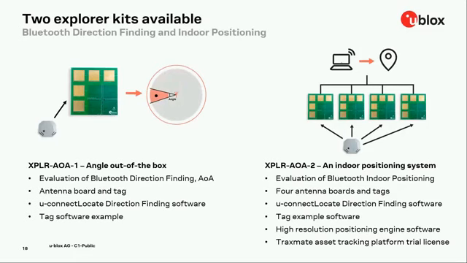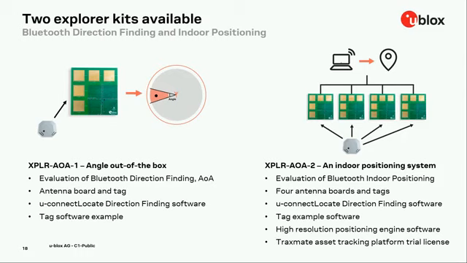And we have Explore AOA 2 as well, which is a complete indoor positioning system. As Eric mentioned, and as was covered at length by the Nordic webinar last week, in order to track a tag and determine its position, you need several angles coming from several antenna boards, and you need some mathematical operations such as triangulation in order to determine the exact position of the tag.